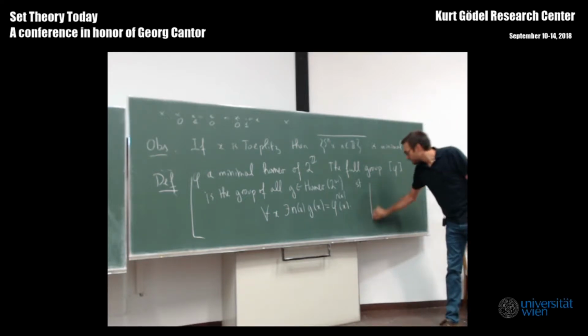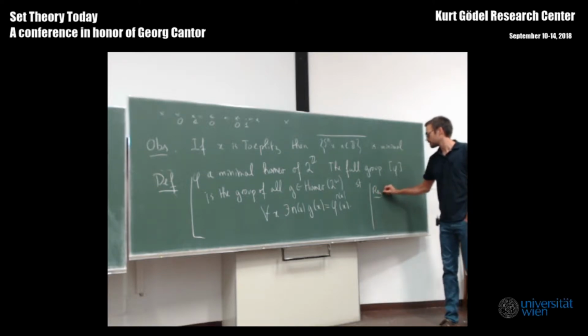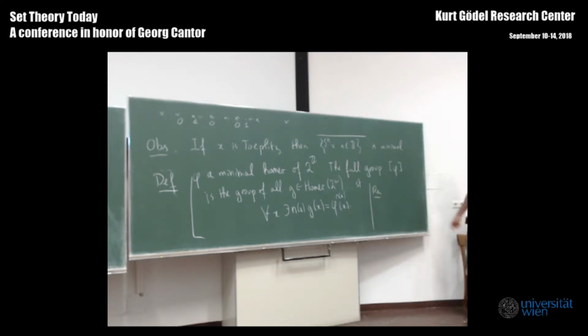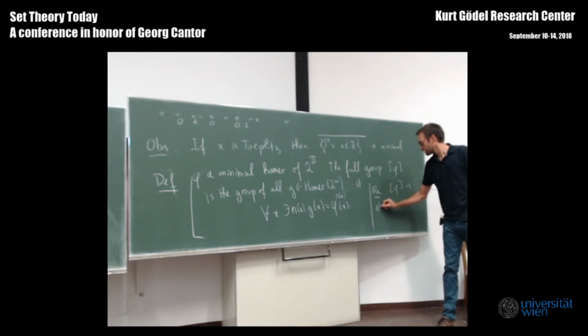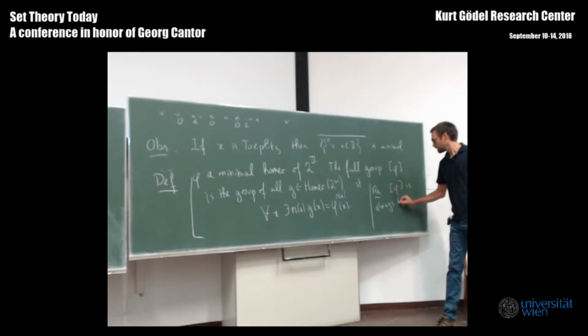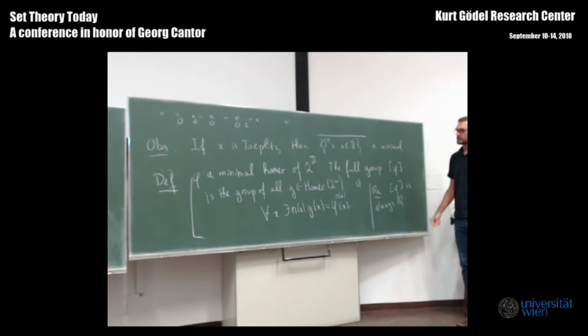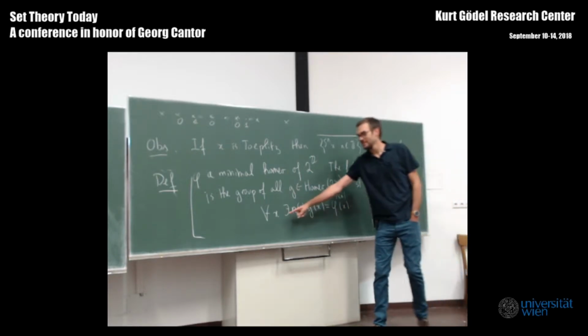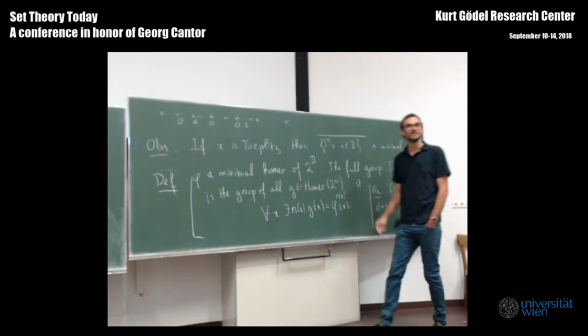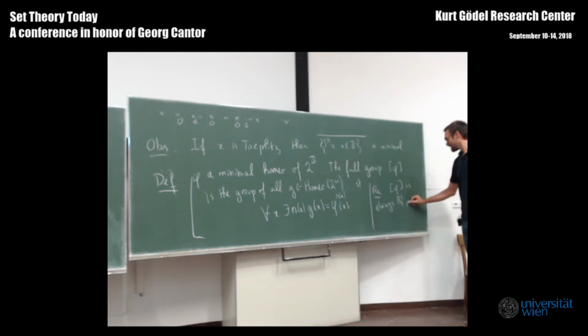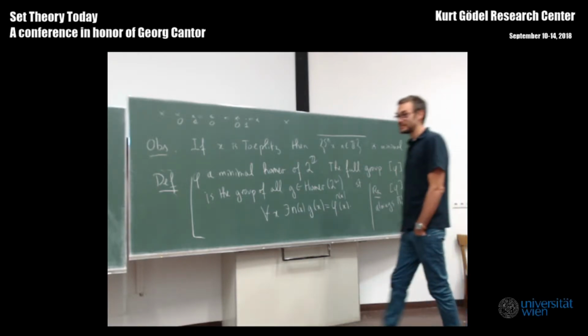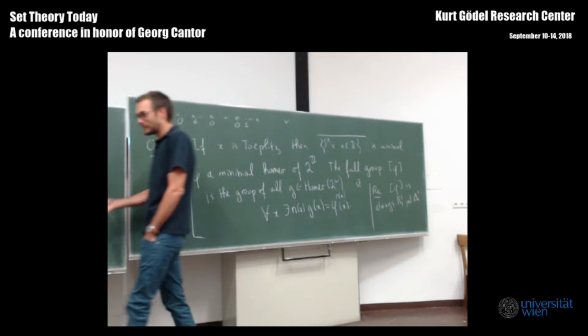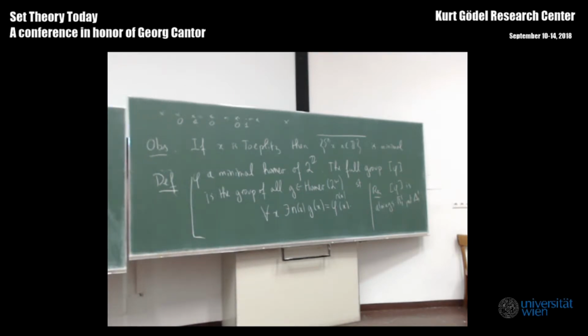And just a remark that some of you heard me talk about a few years ago. This group is always, well, it's clearly coanalytic, for all x, a nice condition, and it's not Borel. So there is some descriptive set theory here, and I don't know if it can be proved that it is pi11 complete.